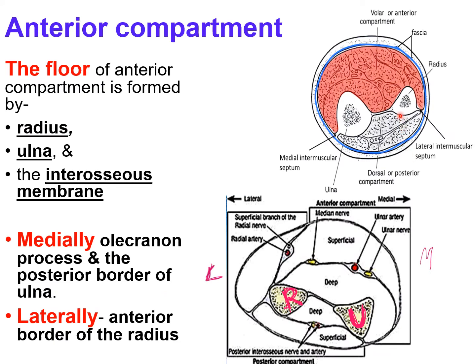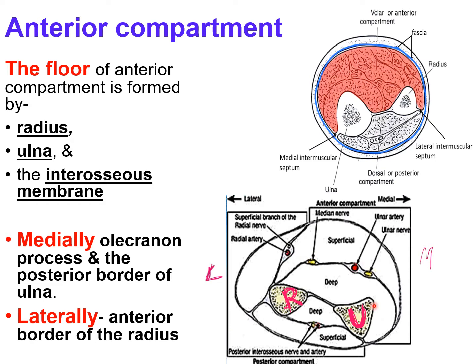The floor of the anterior compartment is formed by the anterior surface of the radius, the anteromedial surface of the ulna, and the interosseous membrane between them. This is the ulna, this is the radius, this is the medial side, this is the lateral side.